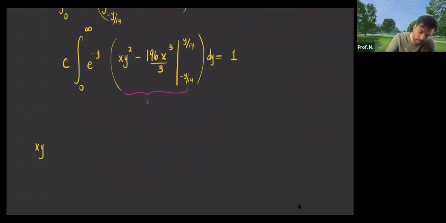So I'm going to call this 1 here, and this is 1. So x y squared minus 196 x cubed over 3, at y over 14 and negative y over 14.